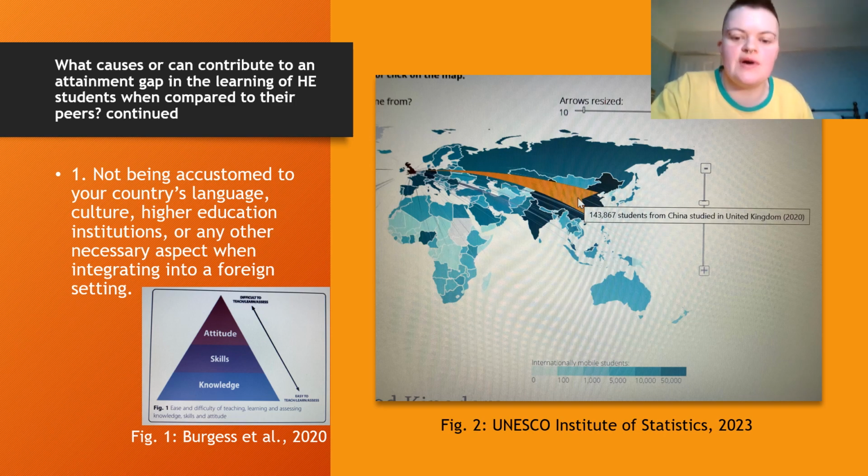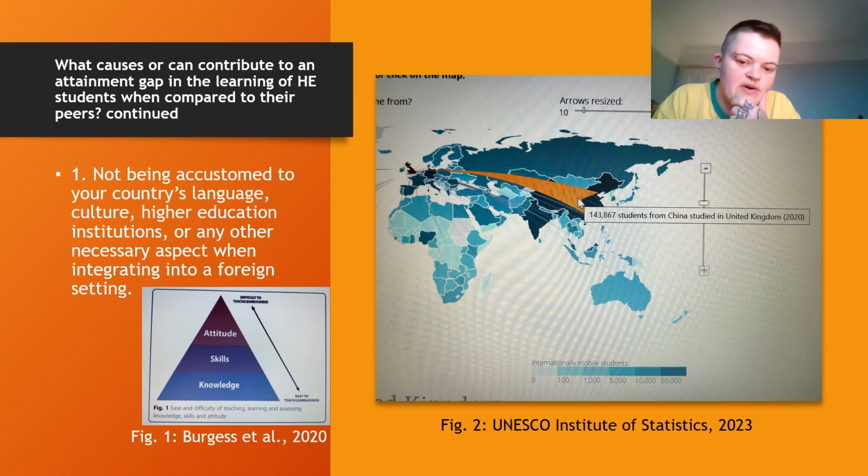Now here we go. We've got an image here of how many students from China studied in the United Kingdom in 2020, and it's a high figure. It's 143,867 students. That's how many students from China came to study in the United Kingdom in 2020. Those students potentially have a disadvantage compared to the other students in their class.